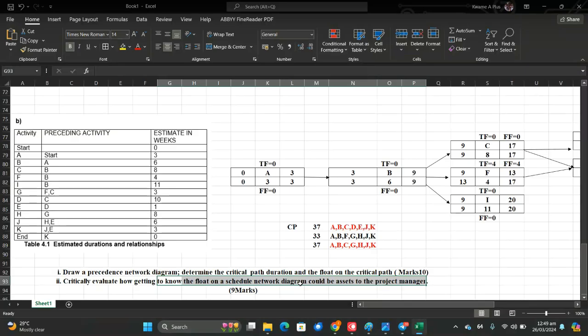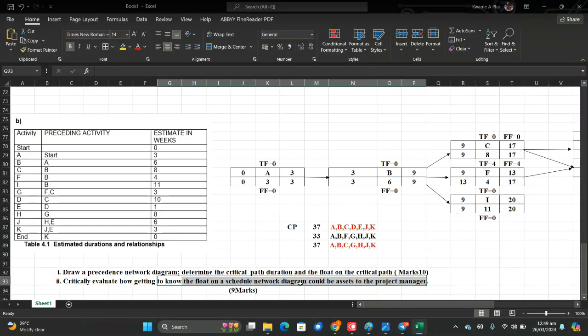Activities with large float can be delayed to some extent without impacting the project completion date. This allows the project manager to schedule these activities around resource availability. And then two, by identifying the critical path, the project manager can focus their efforts on monitoring and managing the critical activities. Delays in these activities will have the biggest impact on the project schedule.